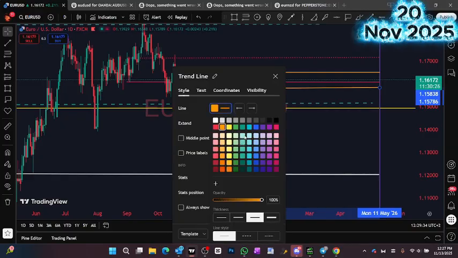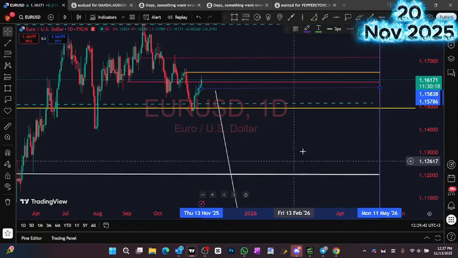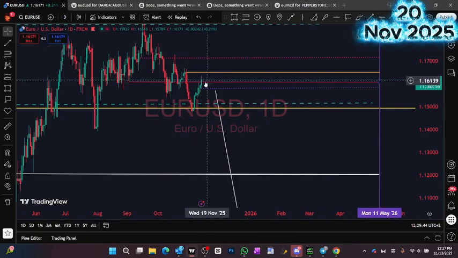Let's use purple so you can see what I'm doing, dotted ones. As price keeps going up, because now I have a clue, or should I say an idea, that price will touch and then go down, I mark the low of that current daily candle as it goes up.